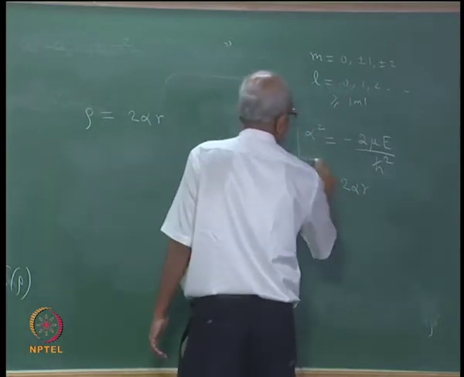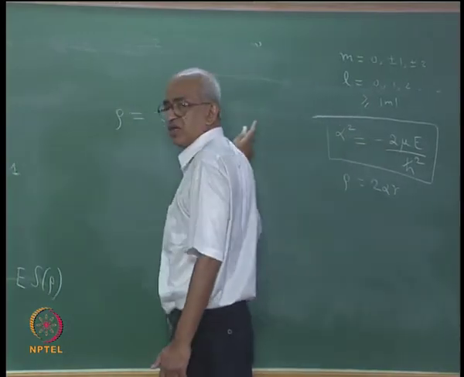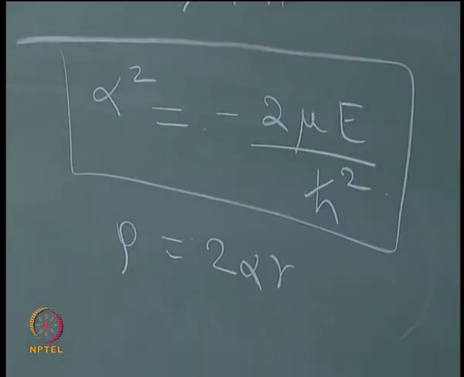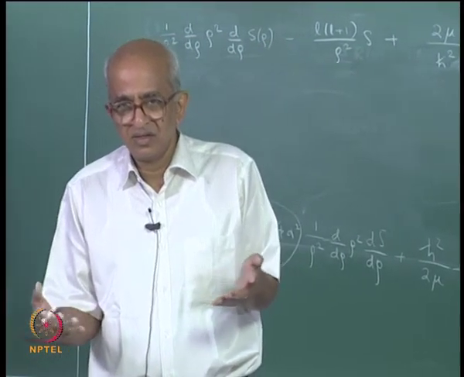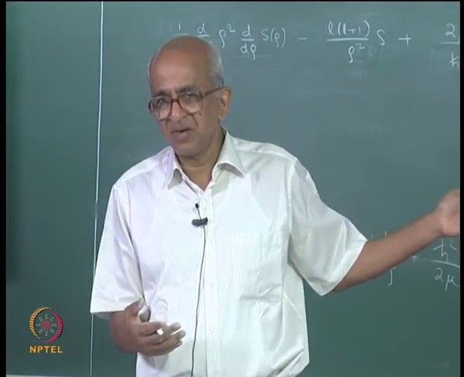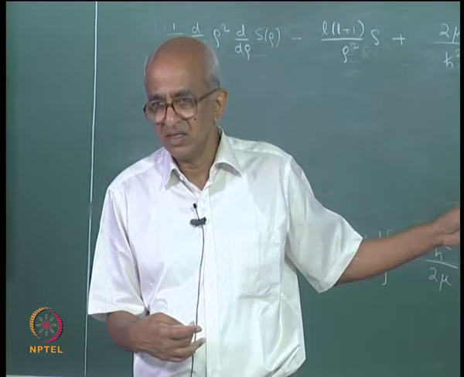Now, you may say this is a rather strange definition, because there is a negative sign occurring there, right. So, alpha square you would have expected to be something real. So, it may appear that if you define it this way, alpha may turn out to be imaginary.